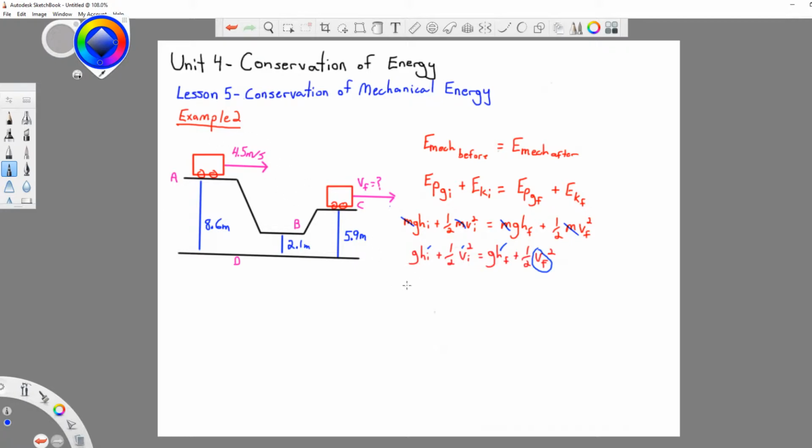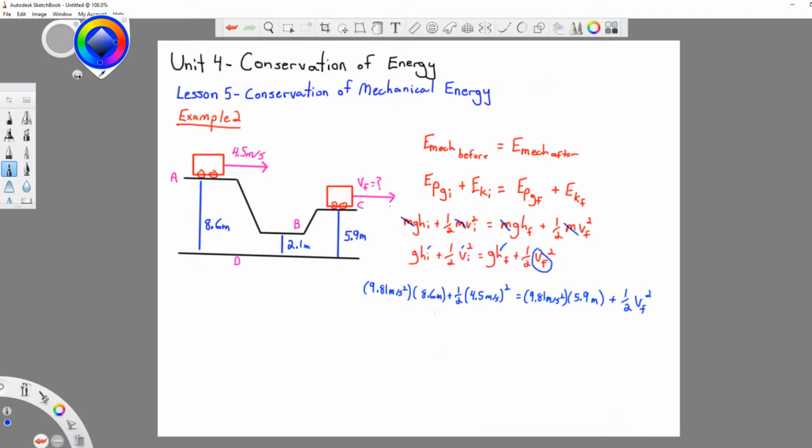I'll stick with blue now. 9.81 meters per second squared times height 8.6 meters plus 1/2 VI squared, so that's 4.5 meters per second squared, is equal to 9.81 meters per second squared times our final height, 5.9 meters, plus 1/2 VF squared.